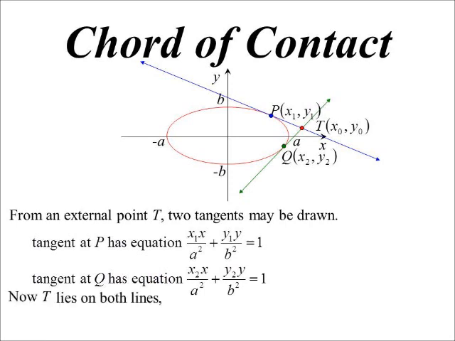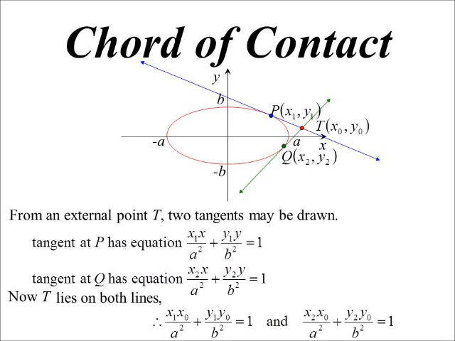But T, (x0, y0), lies on both lines. So it must also satisfy both of those equations. So it must be true that x1 x0/a² + y1 y0/b² = 1. And it must also be true that x2 x0/a² + y2 y0/b² is also equal to 1.